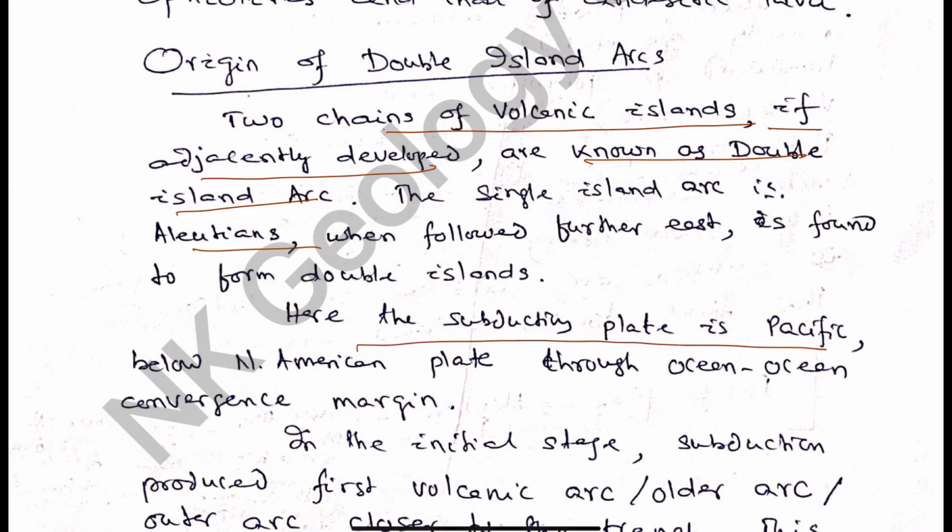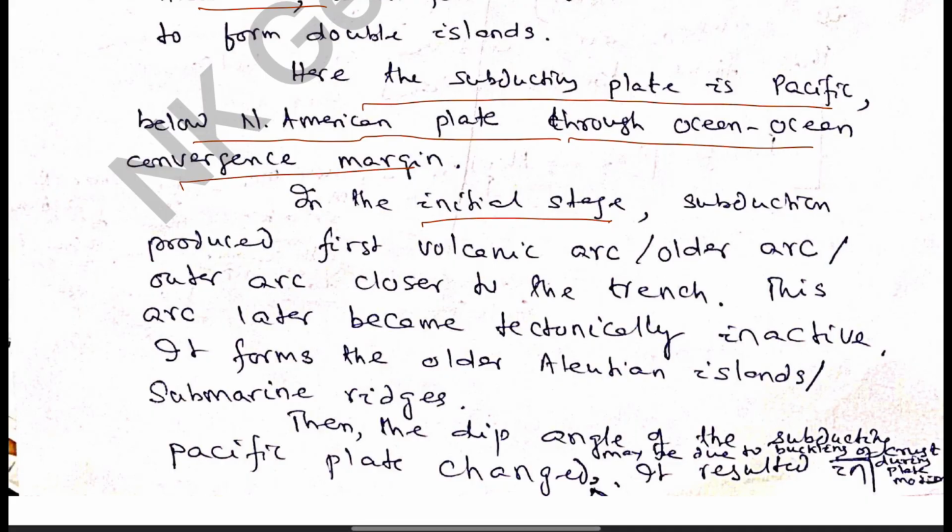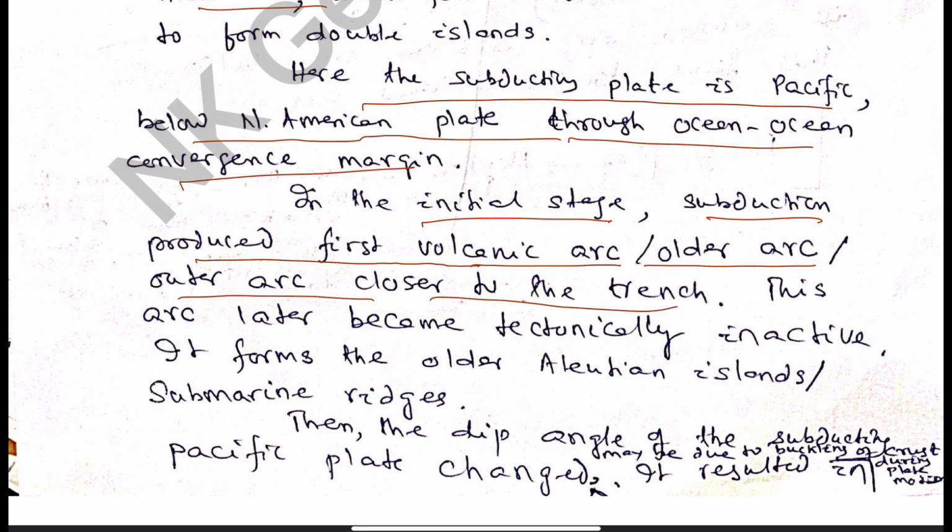Here the subducting plate is the Pacific below North America, particularly in the case of the Aleutian Islands, through ocean-ocean convergence. In the initial stage, the subduction produced the first volcanic arc, or older arc, or outer arc, closer to the trench.